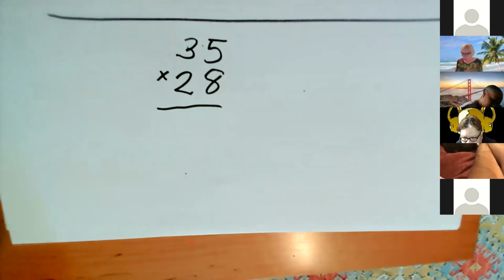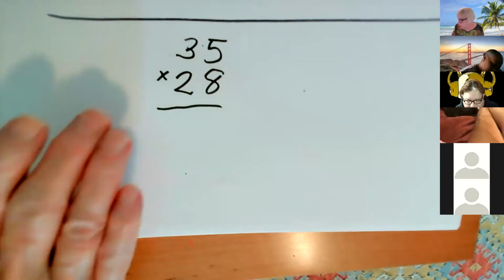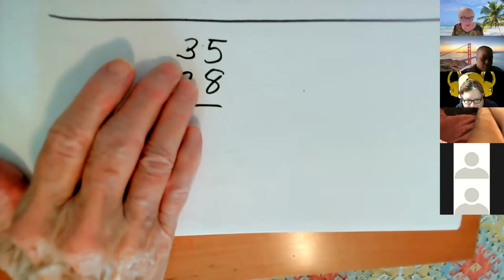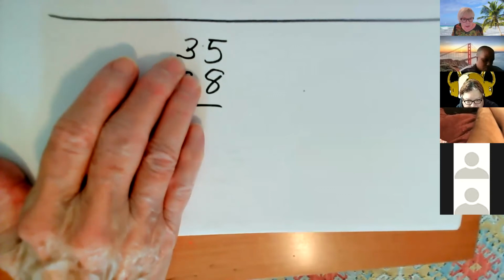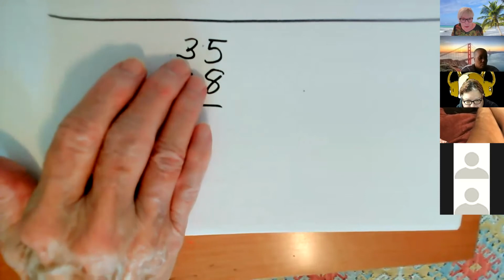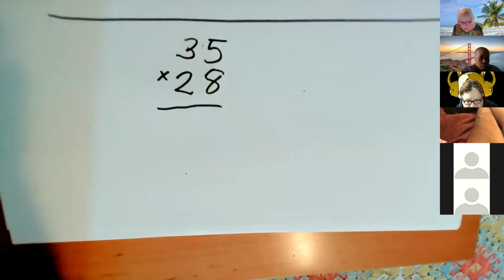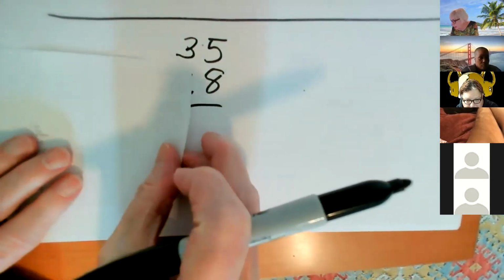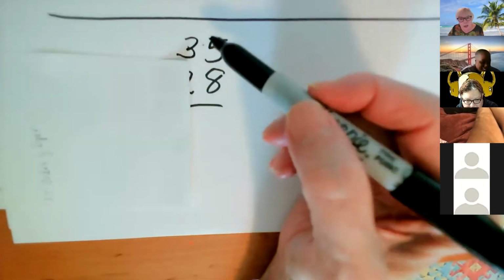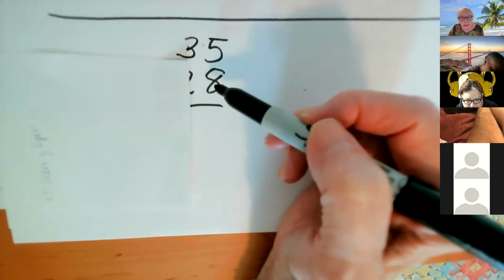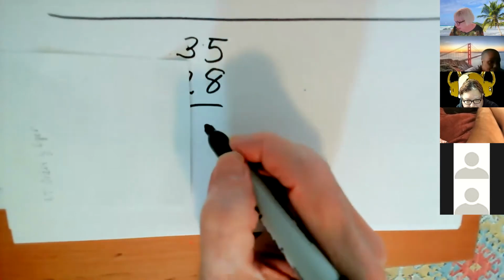Do you? Okay. So what happens is you start out with this much of it. 8 times 35. Okay. So try to ignore the 2. Can you ignore it? If you can't ignore it, I'll make it go away. So what you do is 8 times 5 is 40.